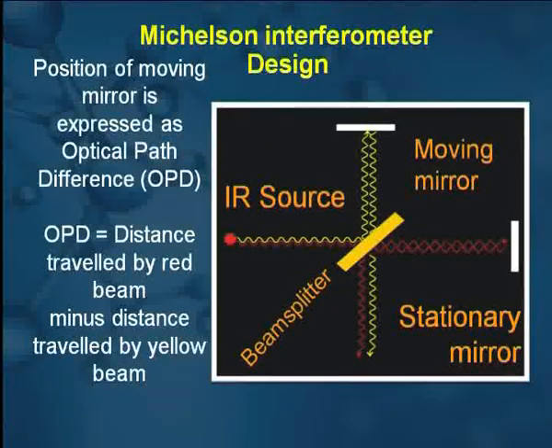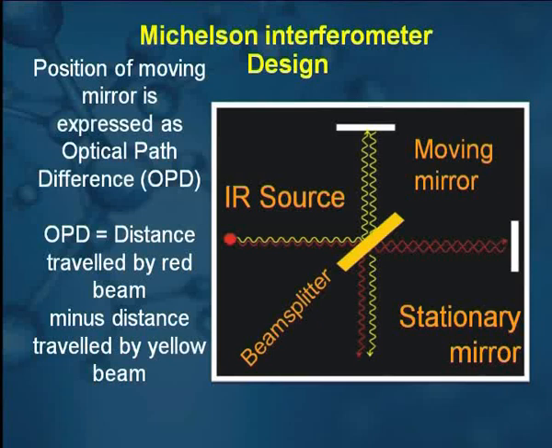Here in the diagram, the upper mirror is moving and the right hand side mirror is stationary, and the beam splitter is in between these two mirrors. Light coming from the IR source falls upon the beam splitter. After splitting, the light goes towards the stationary mirror and the moving mirror, and then it comes back and we can record it.